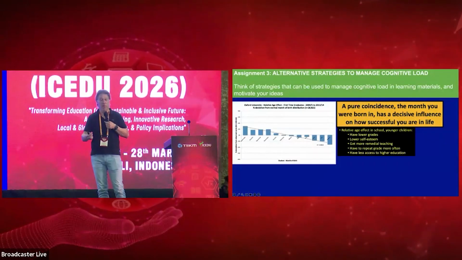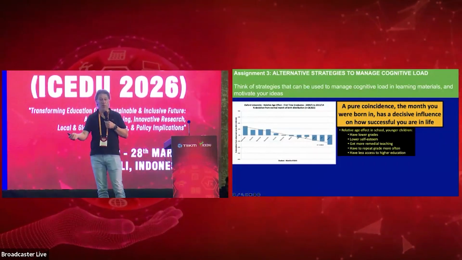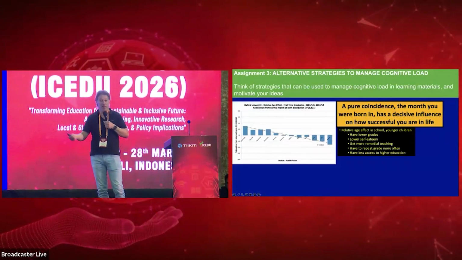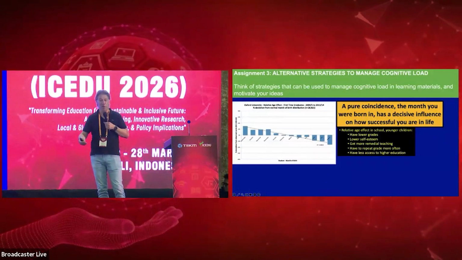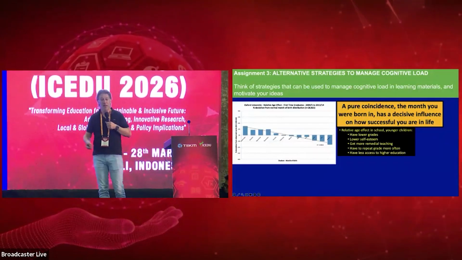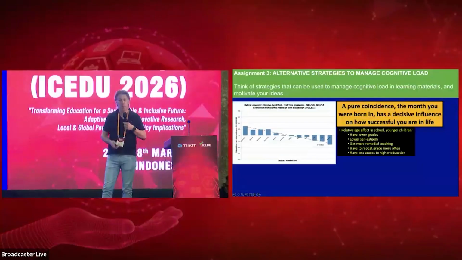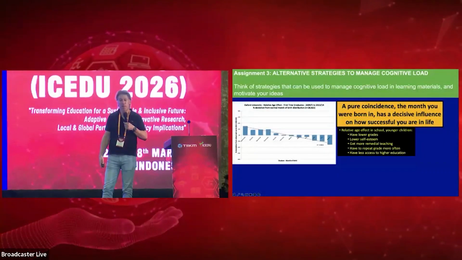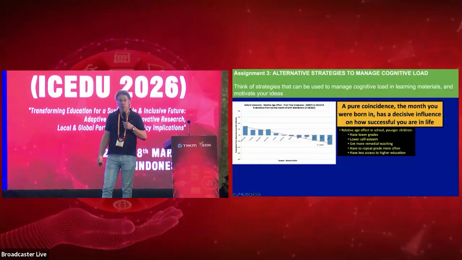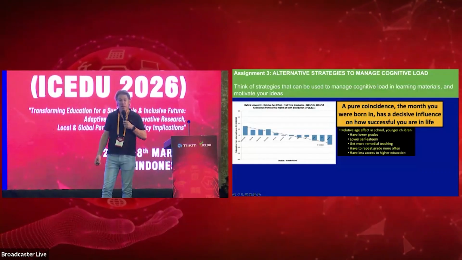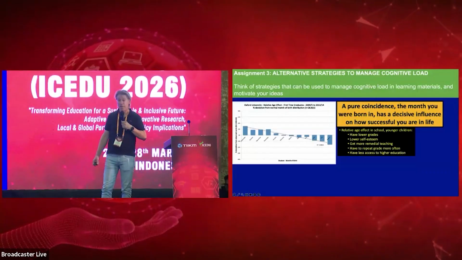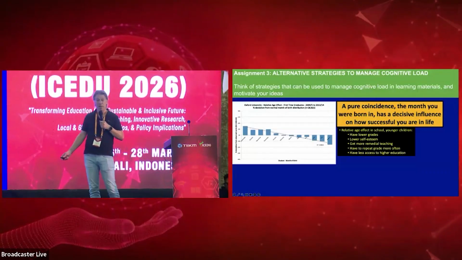So if you recognize this higher performance and less effort as being more intelligent or more talented, would that be a workable strategy? Because you're asking about strategies that could be used to manage this cognitive load. I mean the question on the slide I'm talking about. And would that be an appropriate strategy, utilizing the matrix, the graph you showed earlier?